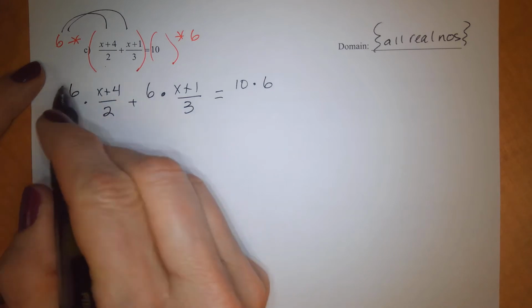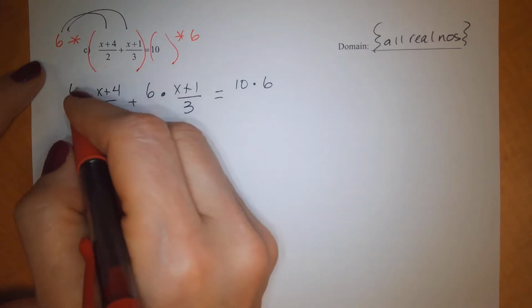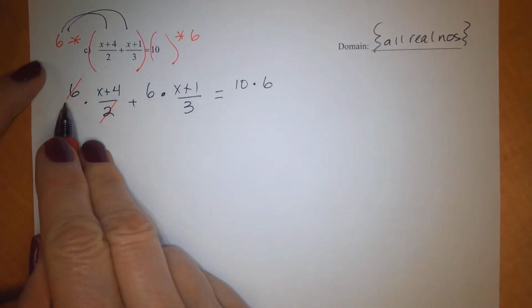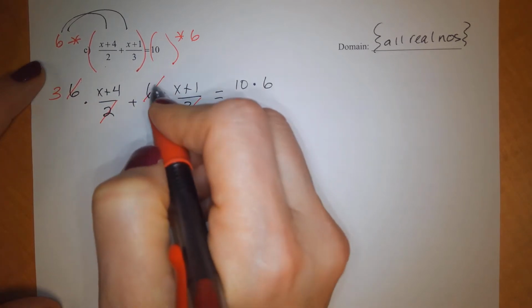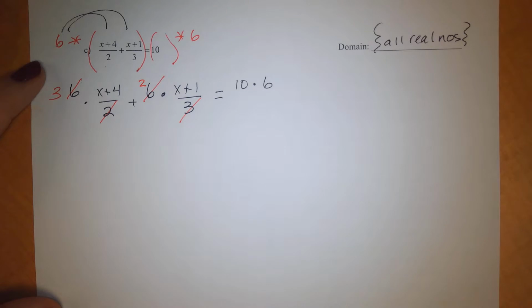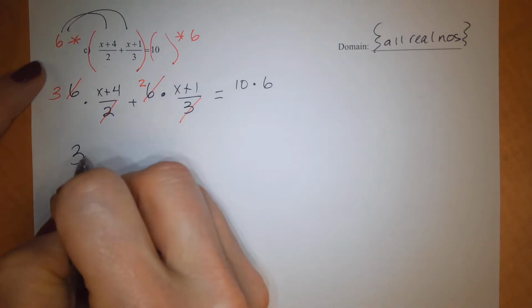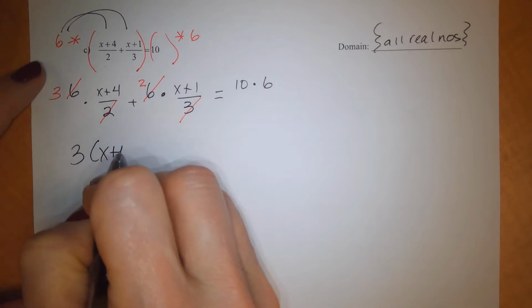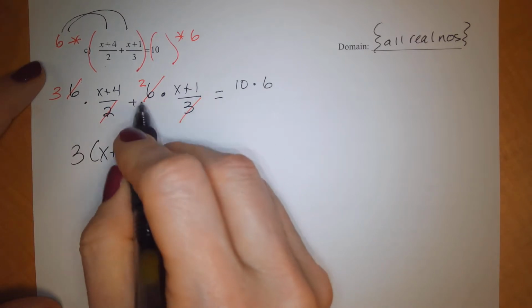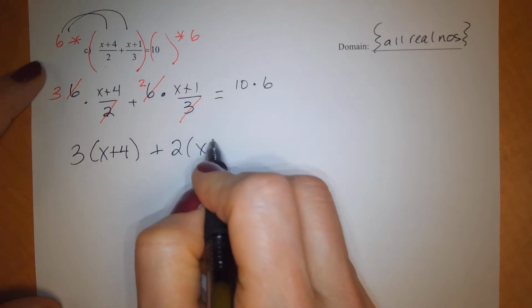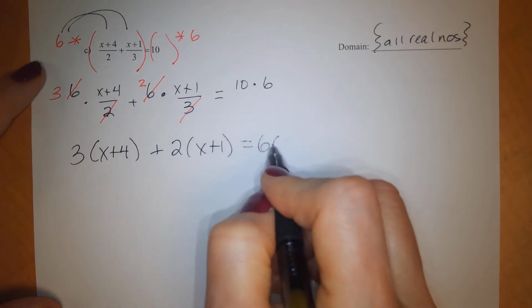When we do that, you'll see that the 6 will end up reducing the denominator. 6 over 2 is 3. 6 over 3 is 2. So what I have then is 3 times x plus 4. The denominator is now gone. Plus 2 times x plus 1 equals 60.